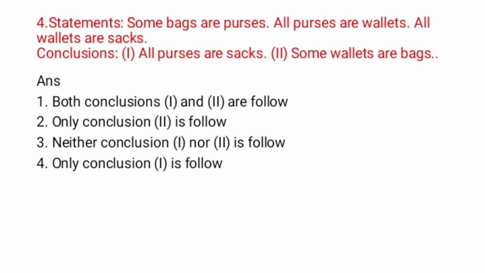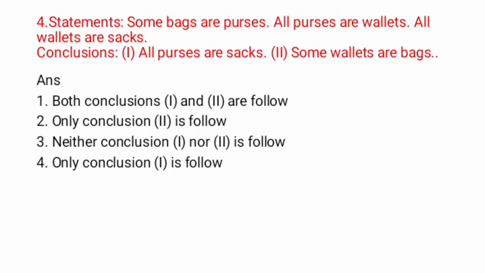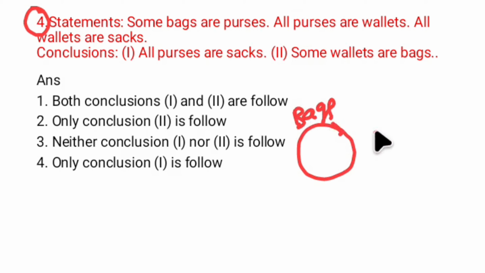In these syllogism based questions, we have to draw the diagram carefully, because when you draw the diagram, only then can you answer questions pertaining to syllogism very easily. So some bags are purses. Some bags are what? Purses.